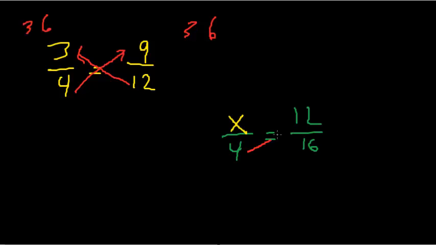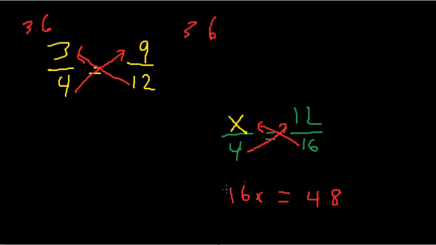Right, 4 times 12, that gives me 48. Then I take 16 times x, and that becomes just 16x. I don't know what x is, so that's how I have to leave it. These have to be equal in order for this proportion to be true.